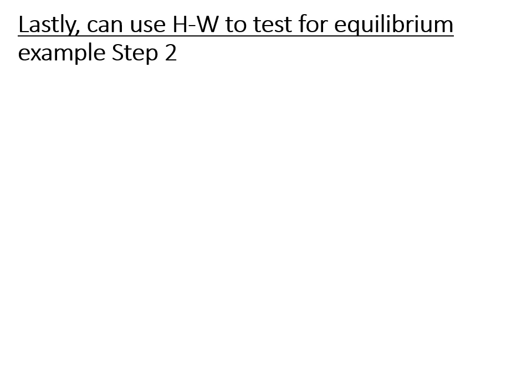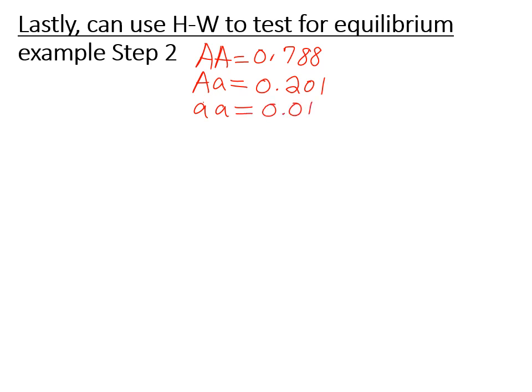Okay, so I'm just going to take a second to rewrite on this slide what we just wrote in terms of the frequencies. On the previous slide, capital A capital A frequency was 0.788, heterozygous was 0.201, and homozygous recessive was 0.011.